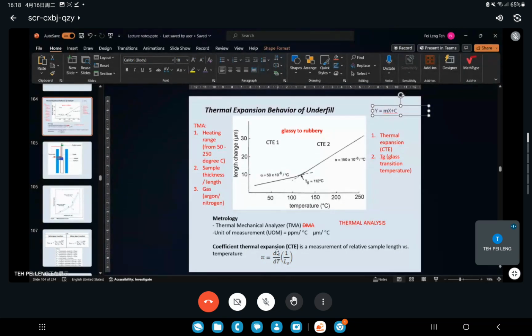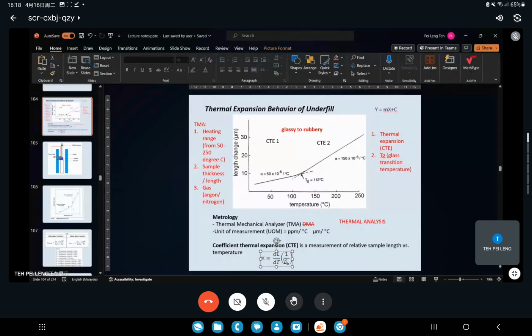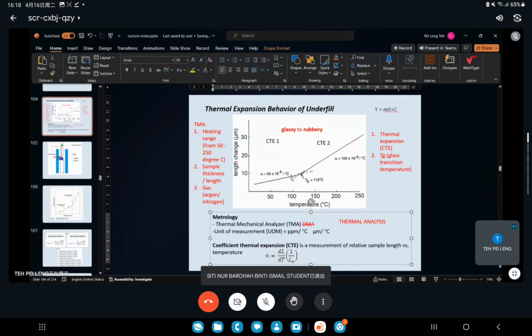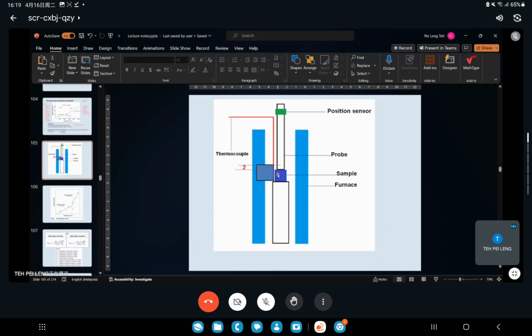That explains how to get it, so just remember this formula. It's a slope: y2 minus y1 is your difference in L, and dT is x2 minus x1. Then you get your slope. Remember, you need to divide it by your original sample length.